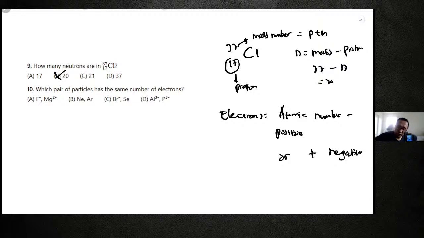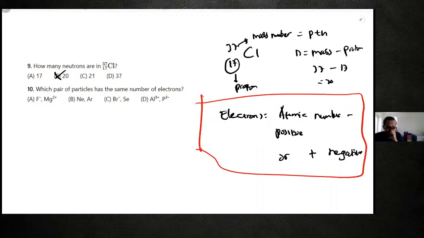How do we find which has the same number of electrons?